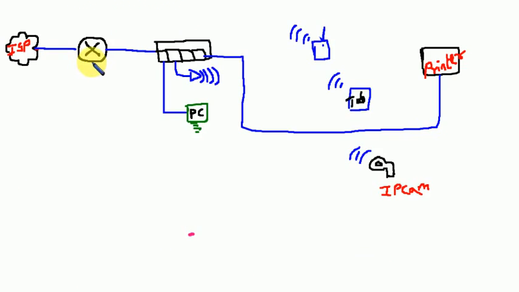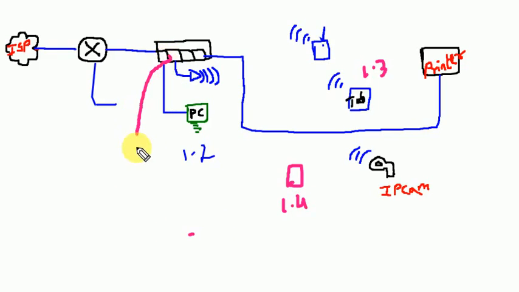In this scenario I get the IP address 1.2 from this router on my PC, and this tab gets 1.3. For example, if another tab is connected, it gets 1.4.